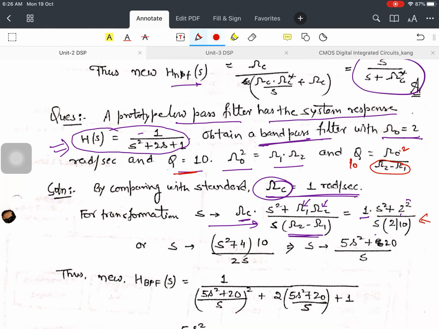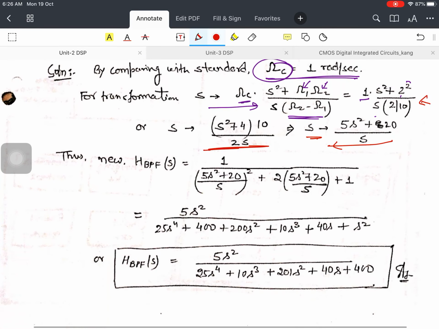So now this S is going to be replaced by this. When you solve this, S becomes 5S square plus 20 upon S. Clear? Just put this value in this H(s), and we will get the new transfer function for the band pass filter.